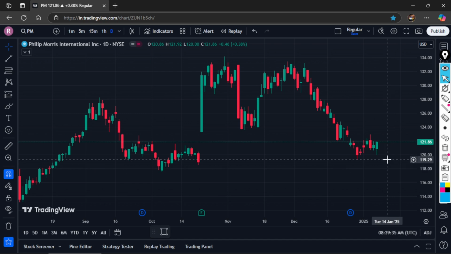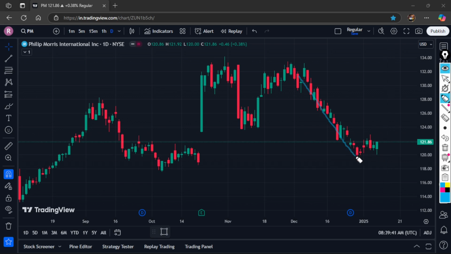Here in PM we are just going to wait also, because you can see that the negative movement came and it is trying to go upside, but to go upside it has to make this kind of pattern, and for that it has to give a close above this level.